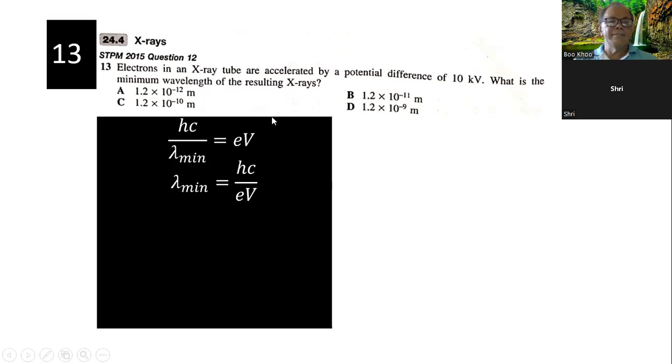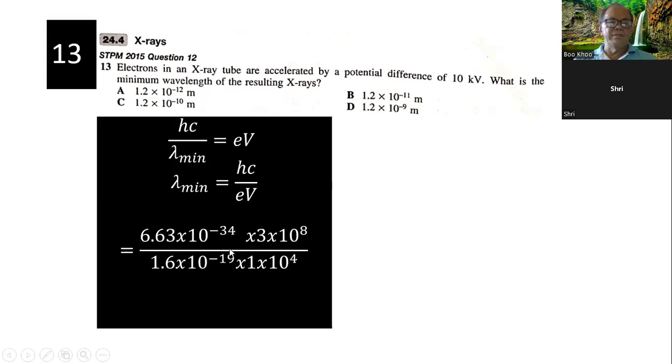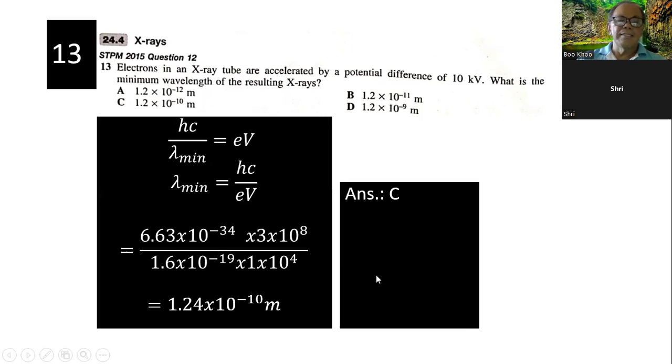Then cross multiply the eV down, put in your value. There's your h, there's your c, there's your charge on electron. Change it to SI unit. Calculate out. The answer is C. Okay, anything not clear?